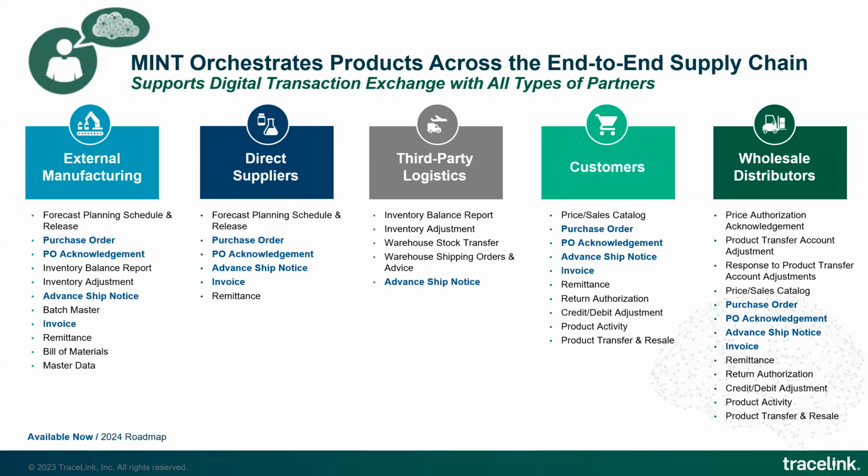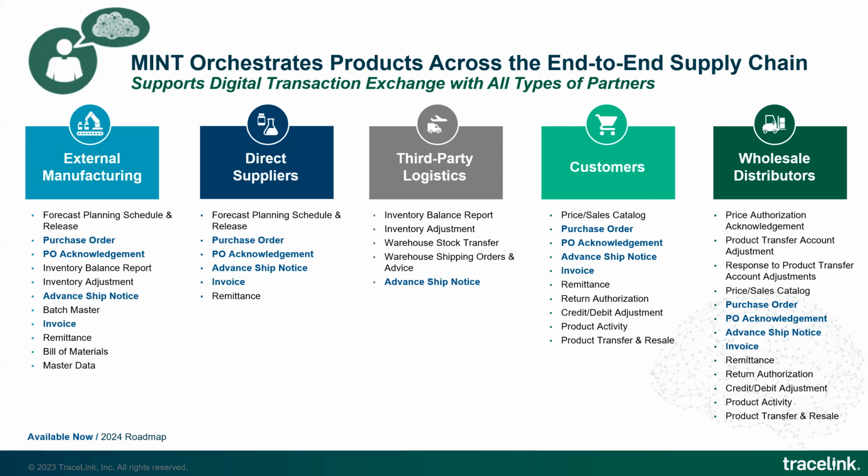And this is the full breadth of transactions that we're looking to digitize across 2024. The ones in dark blue, we already have things like PO acknowledgement, advanced ship notice, invoice, right? These are the first ones that we started with, but all these others are going to be coming over 2024.